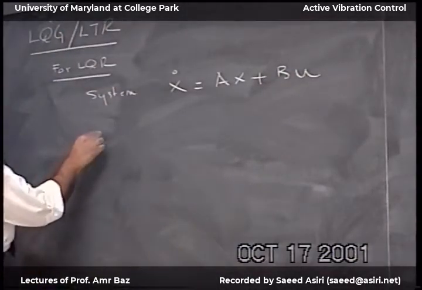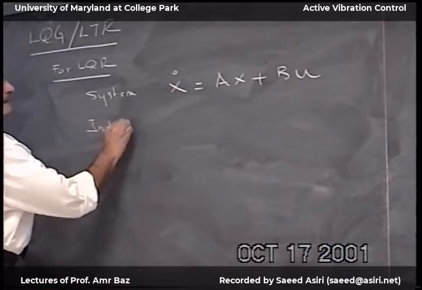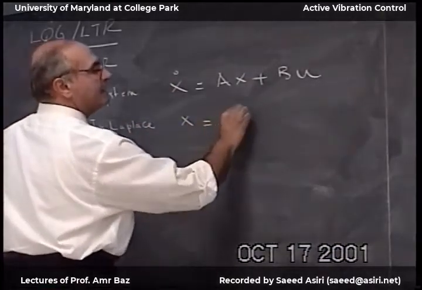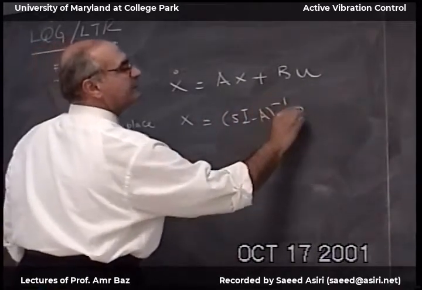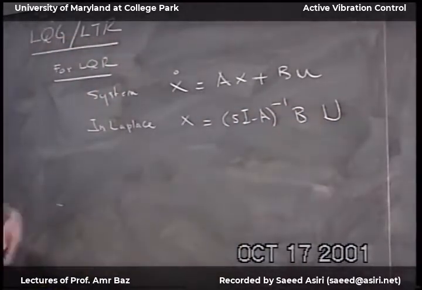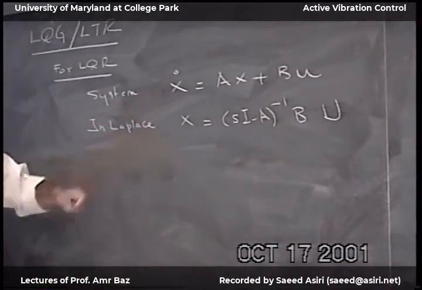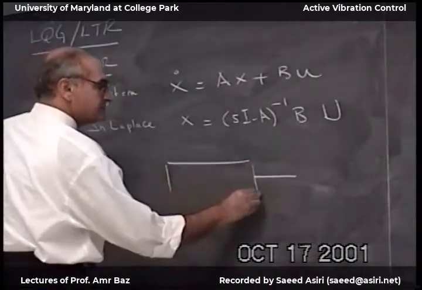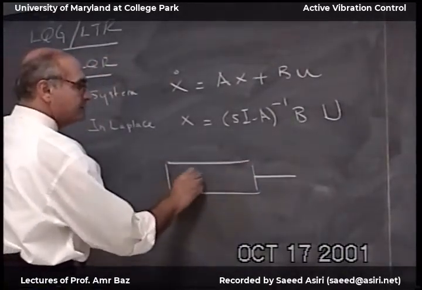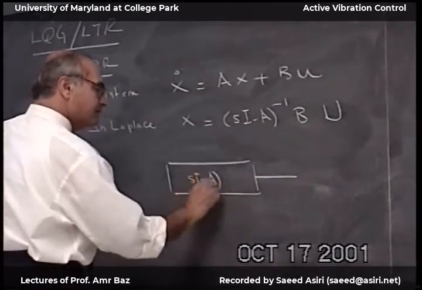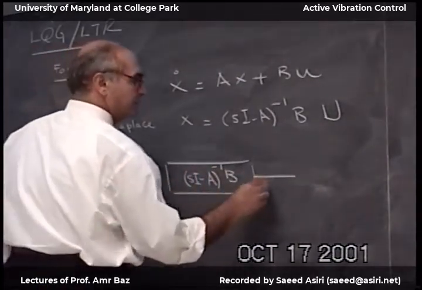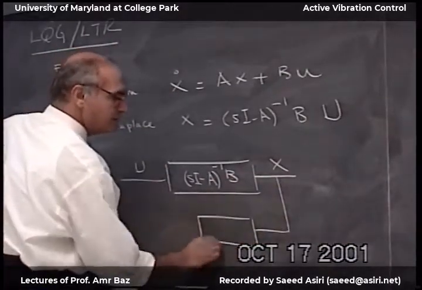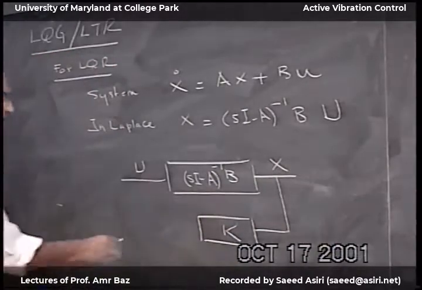Then in the Laplace domain, I can write again X is equal to sI minus A inverse times B times U. This equation transforms to this, and it looks like this now. sI minus A inverse B will give us the X. This is the U. Then I take the X and feed it negatively through the control gain.